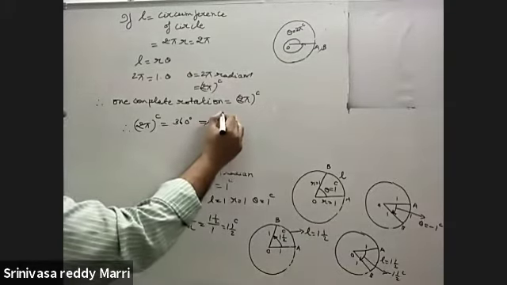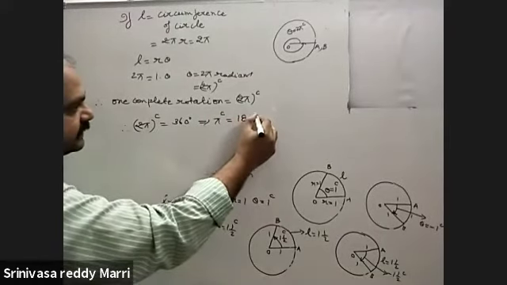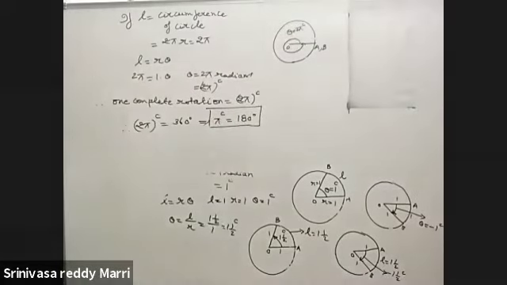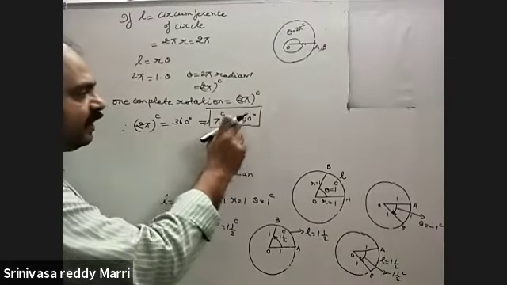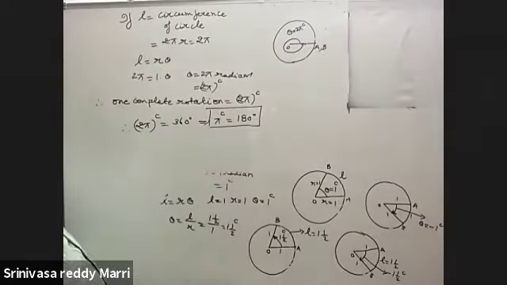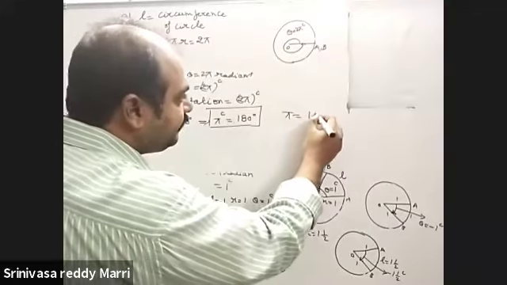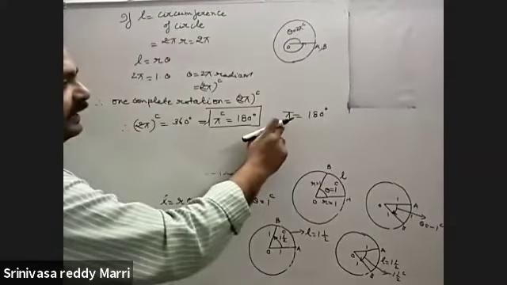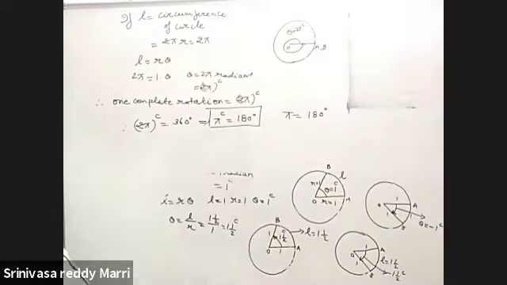That means pi radians is nothing but 180 degrees. This relation is used for converting degrees into radians and radians into degrees. Pi radians equals 180 degrees, or 180 degrees equals pi radians. In some cases, we will not write the symbol. Pi means 180 degrees. We will not always indicate the symbol in radians. If pi is the given angle, we have to understand that it means pi radians.